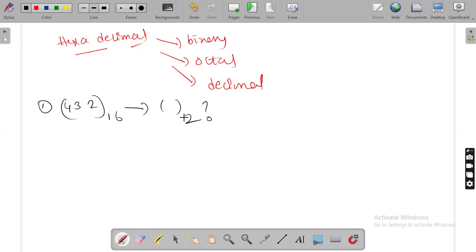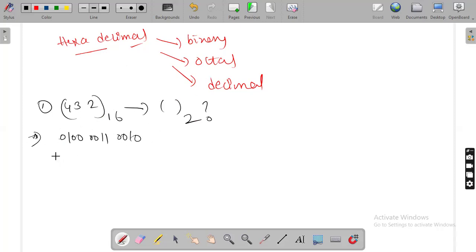So what is the style of hexadecimal for writing binary? Dividing each digit as 4 bits. So how to do it? Answer is 0100, and 3 is 0011, and 2 is 0010. This is the answer.